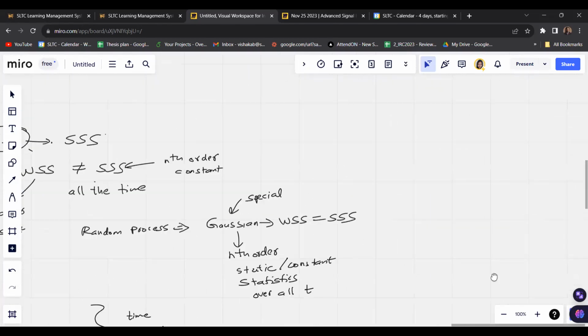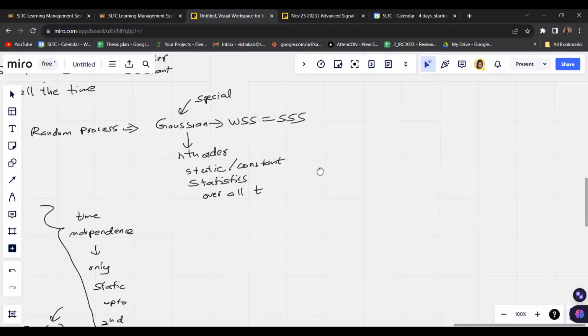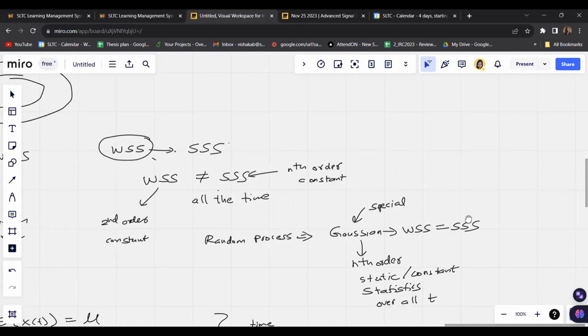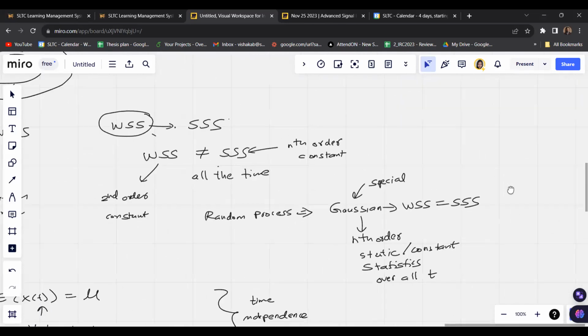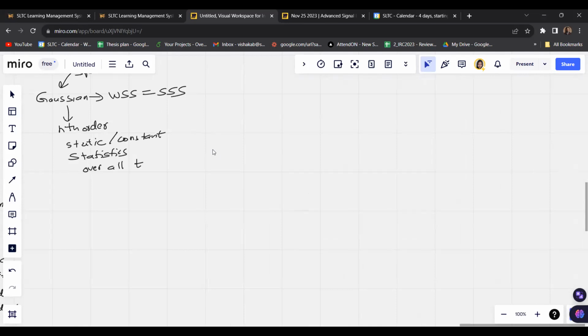I will provide a sample sum related to the strict sense stationary and wide sense stationary principles that we just discussed, and upload it in the LMS.